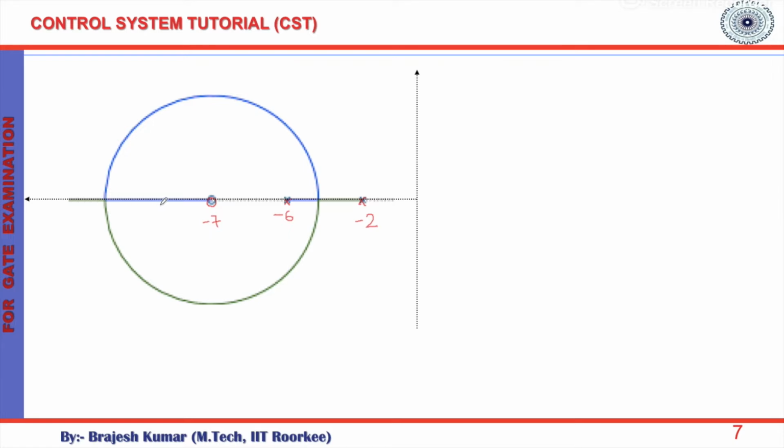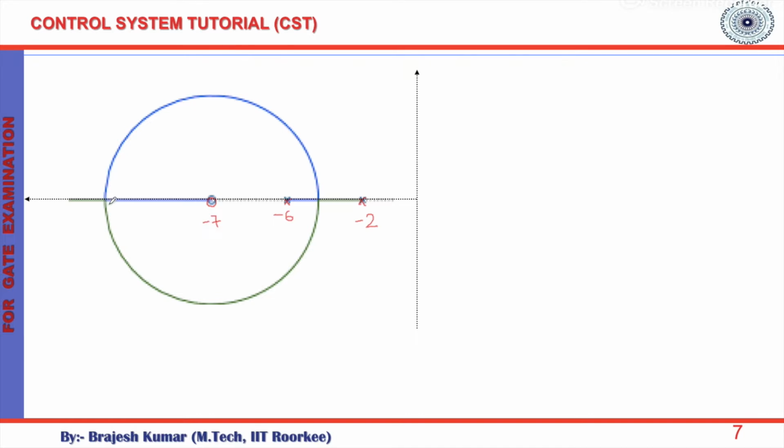One more thing to note: there is a zero on the left side of the s-plane on the real axis, and there are no other poles or zeros on the real axis. The whole section from -7 towards -infinity is part of the root locus.